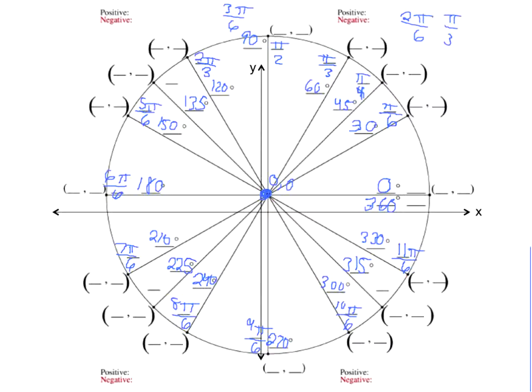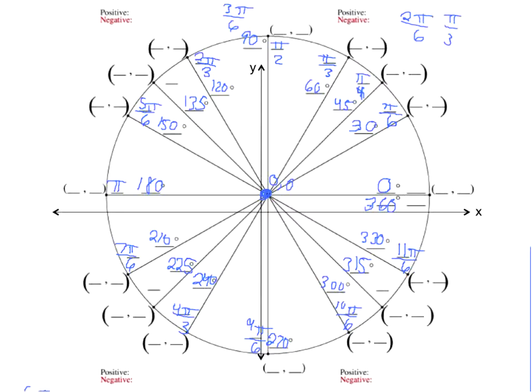6 pi over 6 could just be pi. 7 pi over 6 is already reduced. 8 pi over 6 is going to become 4 pi over 3. 9 pi over 6 is here at the bottom.